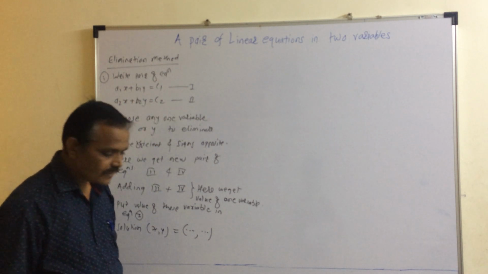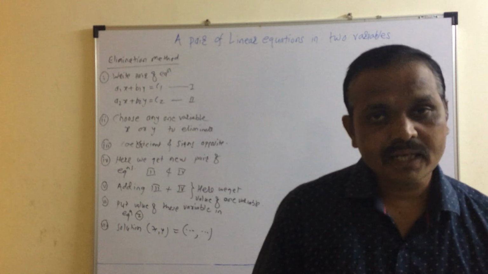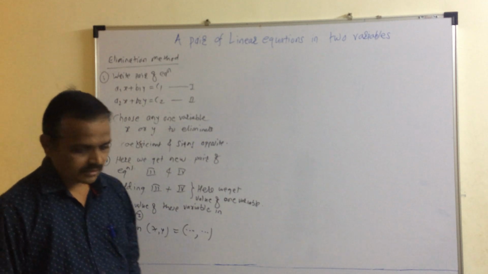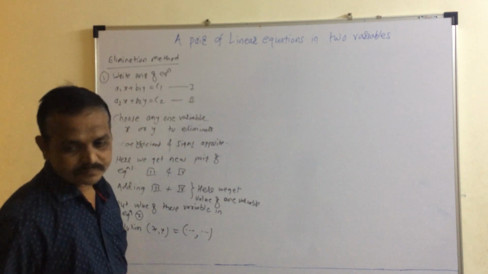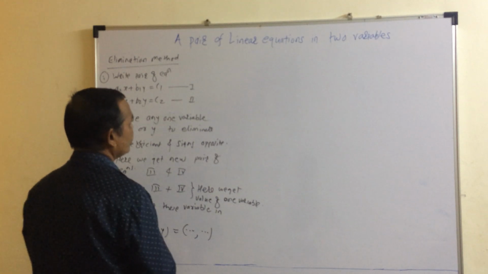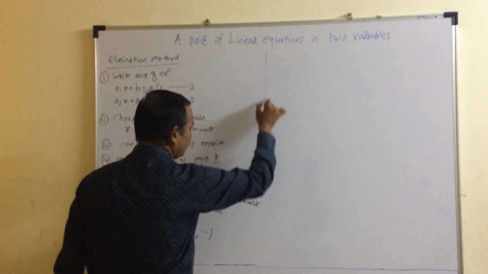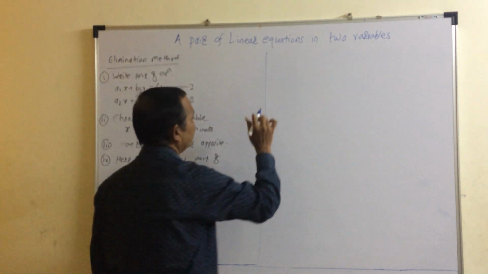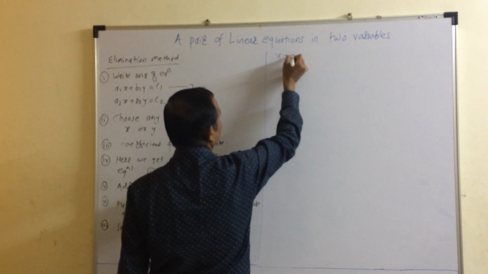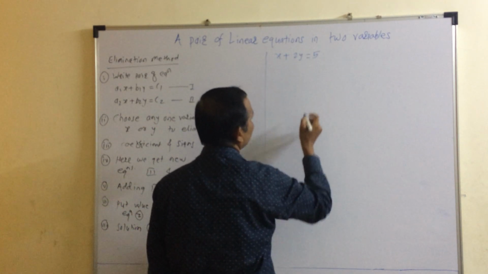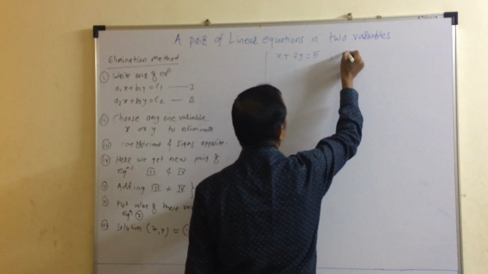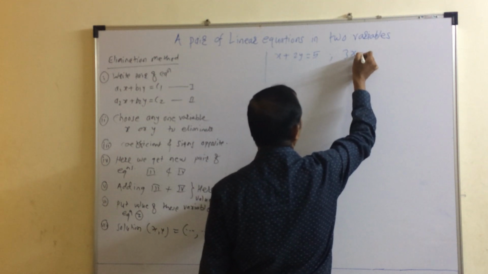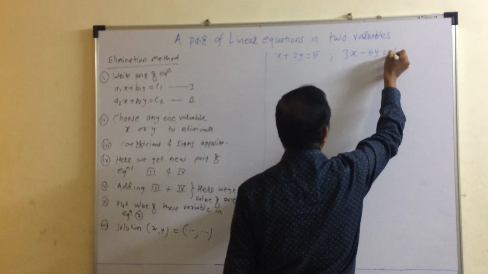Now to illustrate, or for more understanding, we take some examples for elimination methods. As one example for clearly understanding elimination method, suppose in general we take a pair of equations as x plus 2y is equal to 5 and the second is 3x minus 5y is equal to 4.